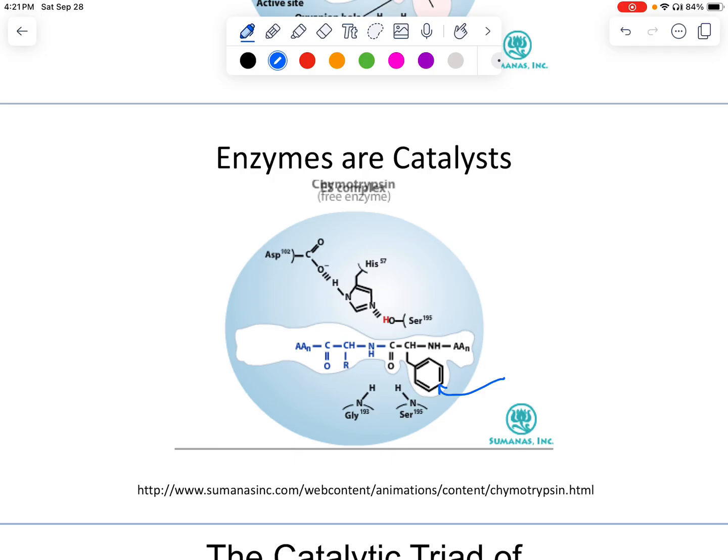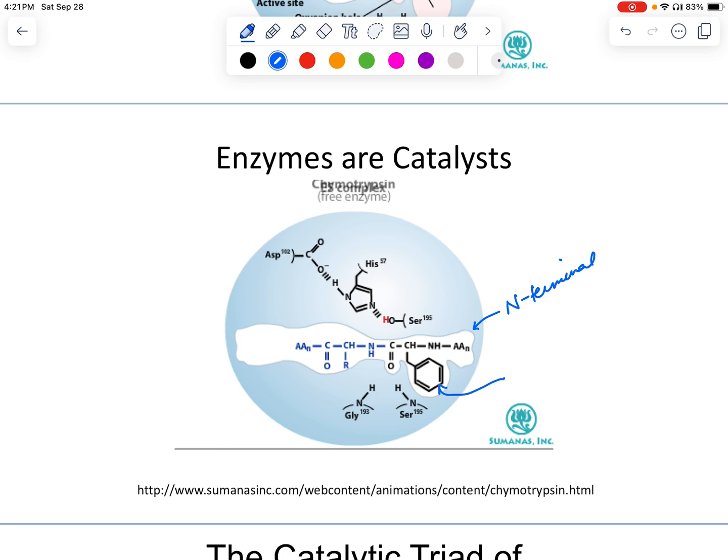Notice that what that means with the way we have drawn our catalyst here is that even though we normally write our peptide chain from N-terminal to C-terminal, in this picture, the N-terminal would be somewhere over to the right.